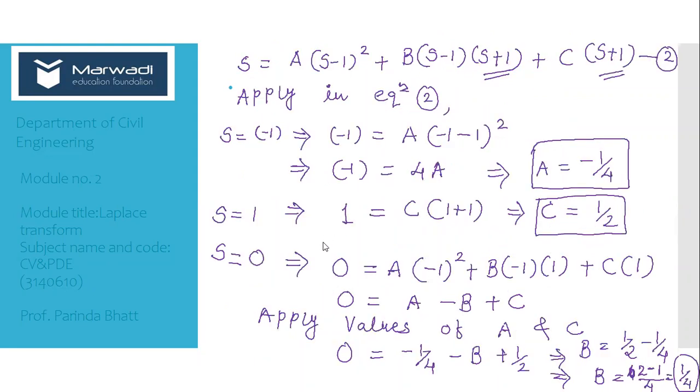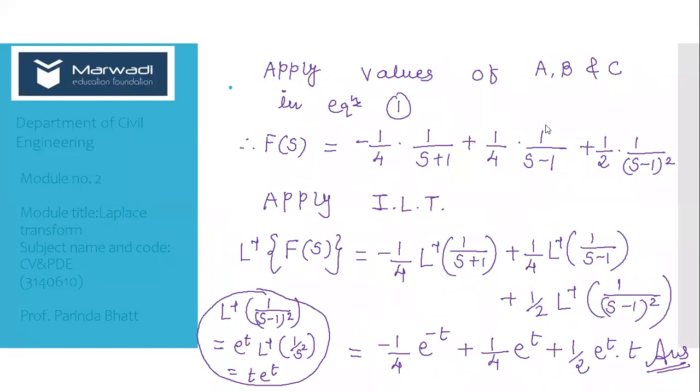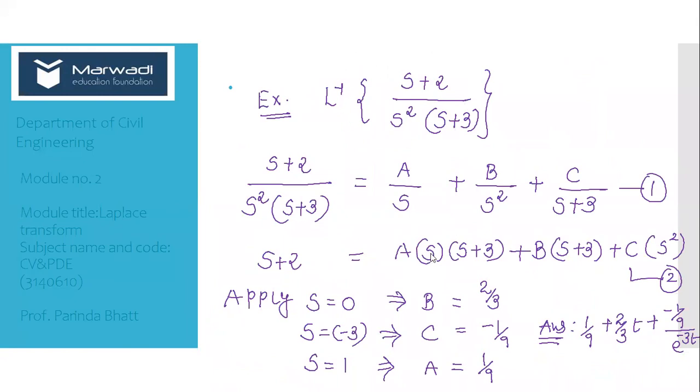For the third value, we put 0 or any other number that was not taken earlier. After getting the 3 values, we apply them in the Laplace transform and find the inverse Laplace. And this question is similar, and you already did it yourselves in the previous session.